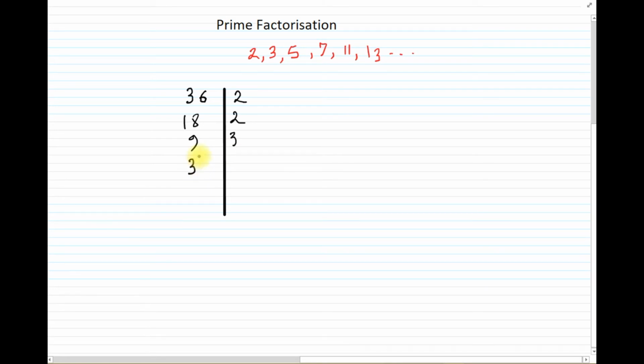The answer is 3. Is 3 divisible by 3? It is. The answer is 1, and we stop. So 36 can be written as 2 times 2 times 3 times 3. And these are the prime factors of 36, which in index notation is 2 to the power 2 times 3 to the power 2.